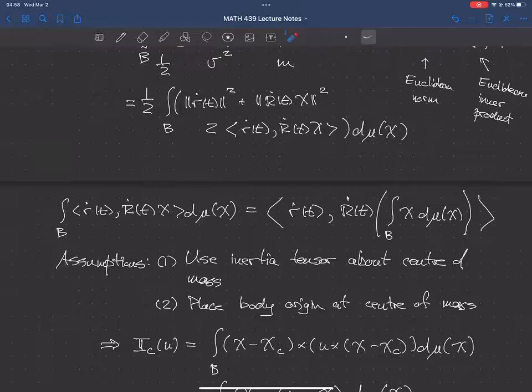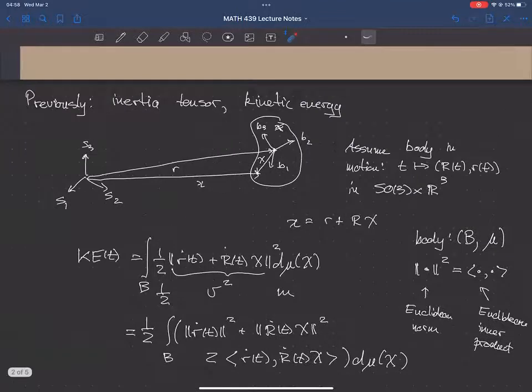Now, what about the other situation where you were permitted to sum moments about stationary points? What does a stationary point mean? It's one which doesn't move in the spatial frame. If you were to place your body origin at a stationary point, and it doesn't have to be the center of mass, which may be over here somewhere, I'm going to assume that this point in the body is stationary.